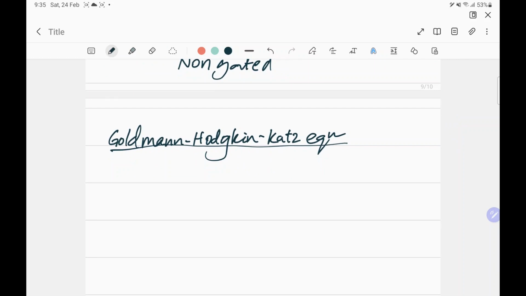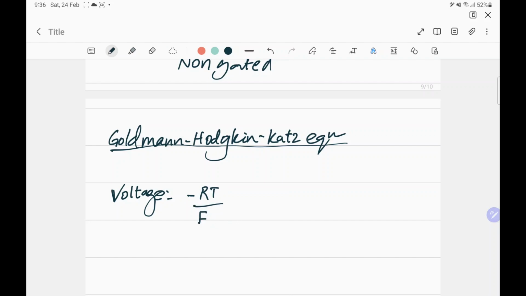So how is it calculated? It is similar to the previous formula of equilibrium potential. So your potential or RMP voltage is going to be equal to minus RT by F. There's no Z over here.